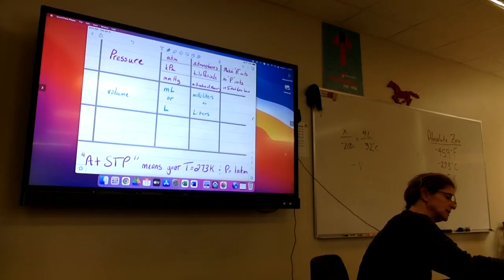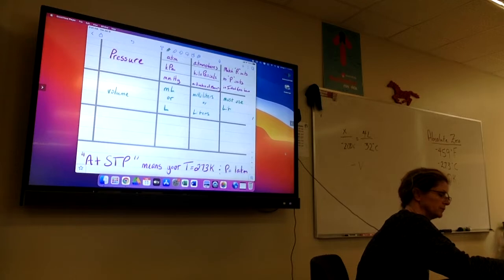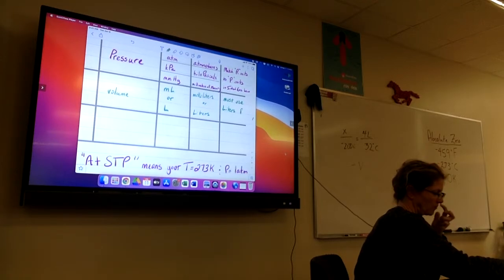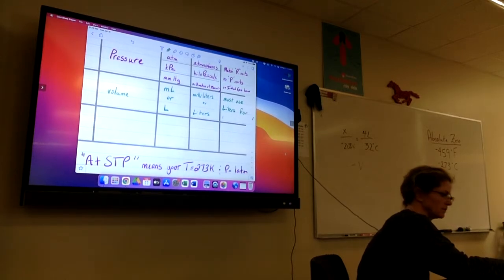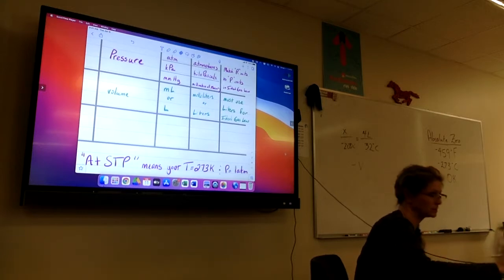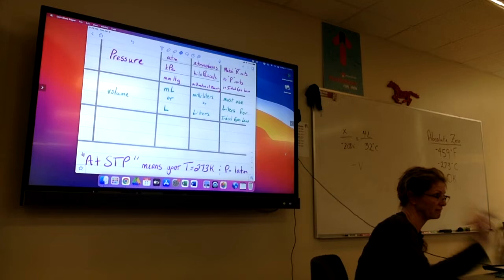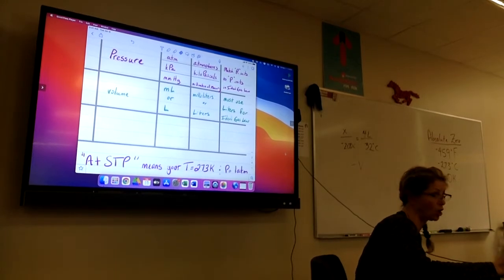You must use liters for ideal gas law. Can't use milliliters, you must use liters. And if I fail to explain that when I'm explaining R, ask me.